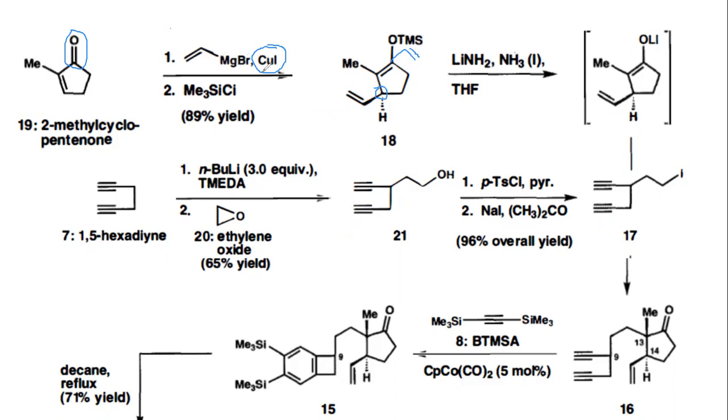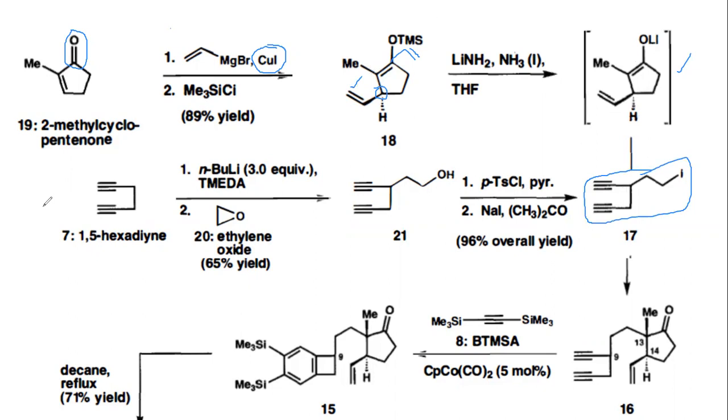So in the presence of cuprous iodide, you will get this product. Further, on treatment with base, you will remove the trimethylsilyl ether and convert it into this type of intermediate, which is further alkylated with this group.